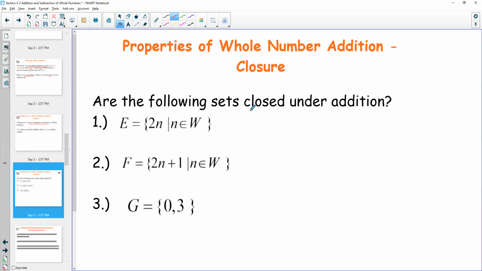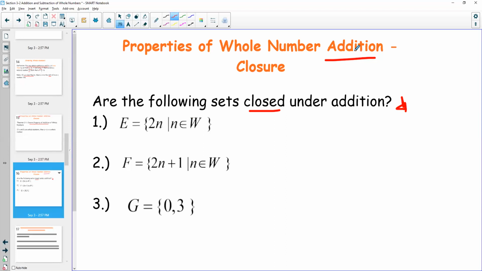What it means when a set is closed, and this is important, this is kind of a tricky thing in this section, and it will reappear. A set is closed under addition. It's different for different operations. So for addition, how closure works is if you take all of the things inside a set, if you add any two elements in that set together, and the sum is still inside the set, anytime you do it, then the set is closed.